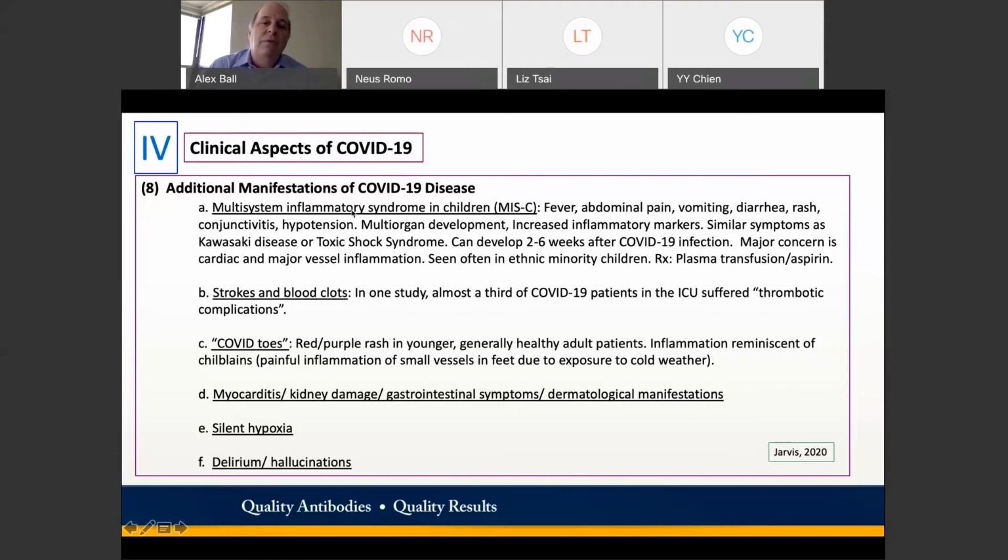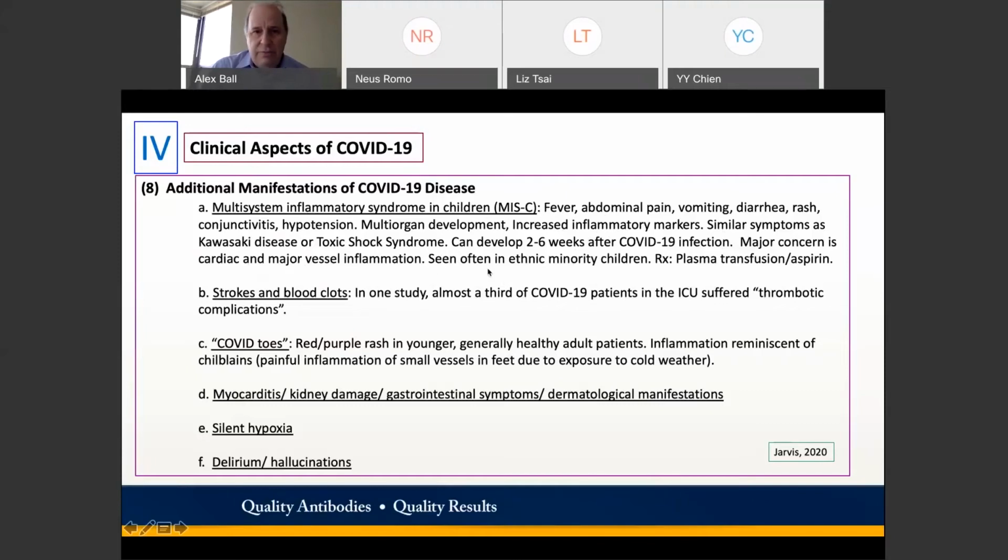And so what is often seen is multi-organ involvement and increased inflammatory markers. So again, this consistent issue of increased inflammatory markers. They had similar symptoms to an atypical Kawasaki disease or toxic shock syndrome, and it can develop 2 to 6 weeks after COVID-19 infection. The major concern is that if untreated, it can lead to cardiac and major vessel inflammation.